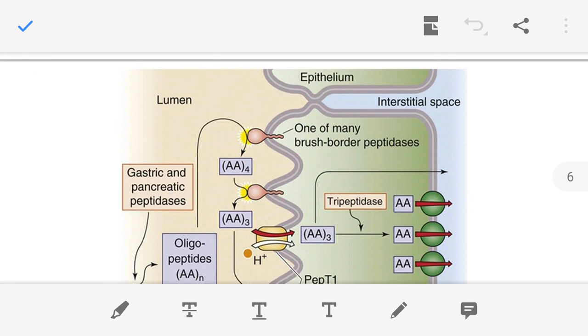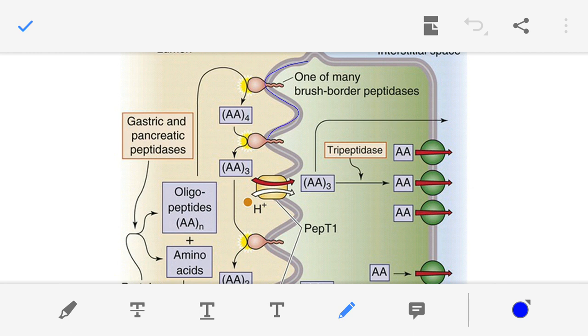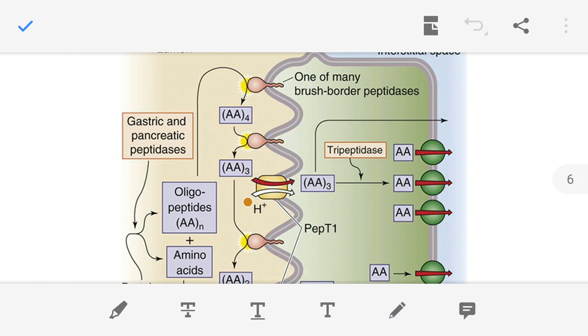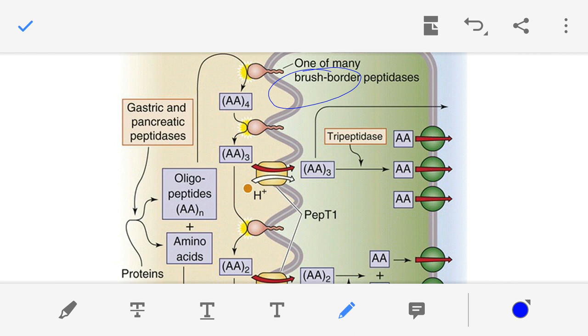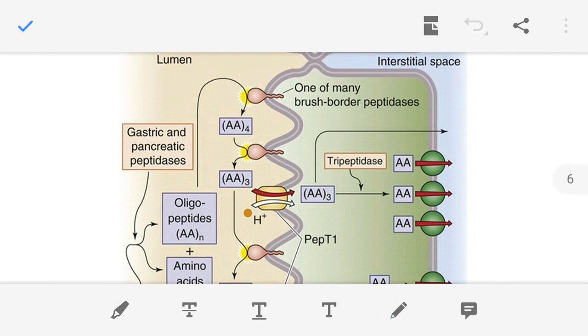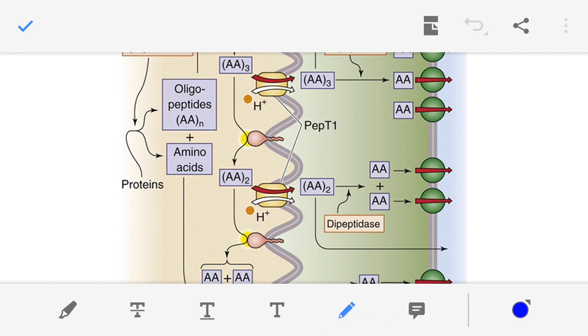Now here you see these are the microvilli. Together, these microvilli look like the bristles of a brush, and that's why all the microvilli together are known as the brush border. And as you can see, on the brush border there are enzymes.